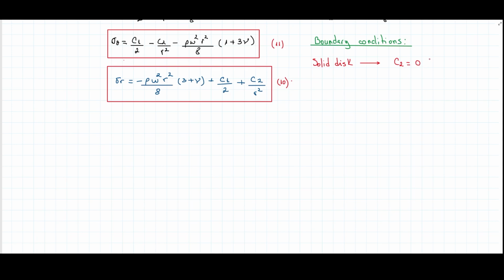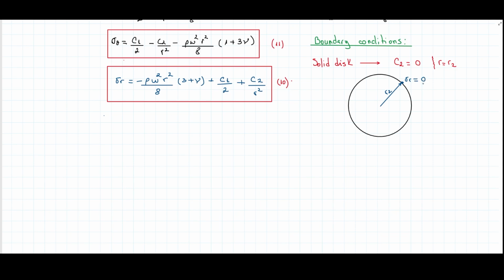And the other boundary condition is that when the radius equals R2, meaning the periphery of the disk, if I draw a disk here, this is the radius R2. Then at this point, the radial stress equals 0.